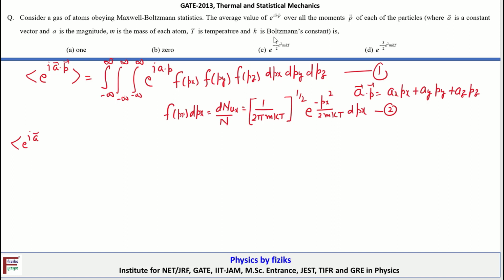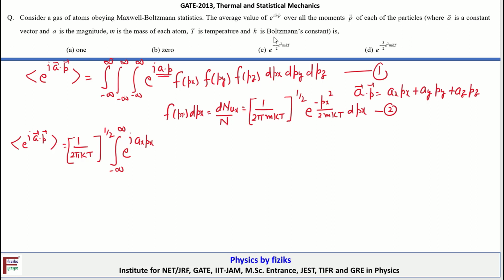So now we can write the expression for the exponential iota a dot p, writing the individual components for the x, y and z momentum. For the x direction, 1 upon 2 pi m kt to the power 1 by 2, from minus infinity to infinity, exponential iota ax px. When we expand this, we will have three different terms.